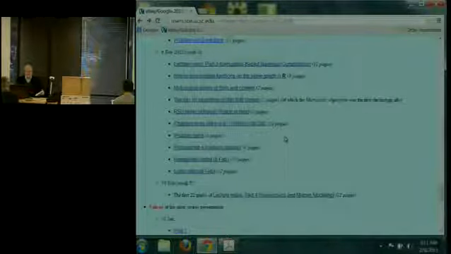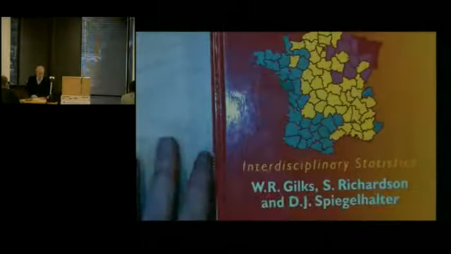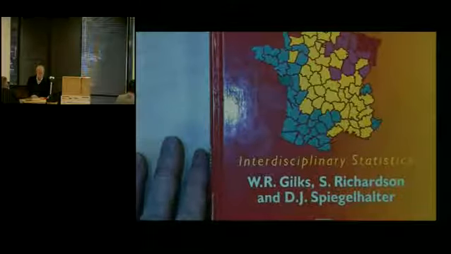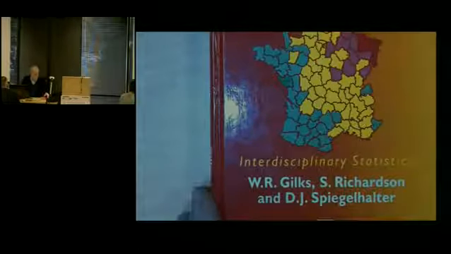I'm going to be talking about the Markov chain Monte Carlo idea today, and there's an excellent book on the topic if you want to go more deeply into things. It's called Markov Chain Monte Carlo in Practice, out of the Chapman and Hall series by Wally Gilks and Sylvia Richardson and David Spiegelhalter. Spiegelhalter and Gilks together were the principal co-developers of the WinBUGS package that we're going to look at today.